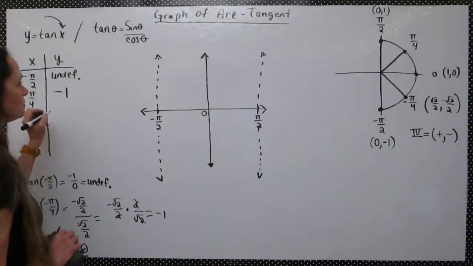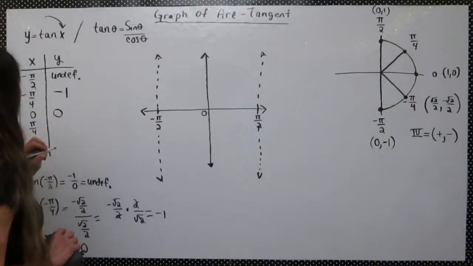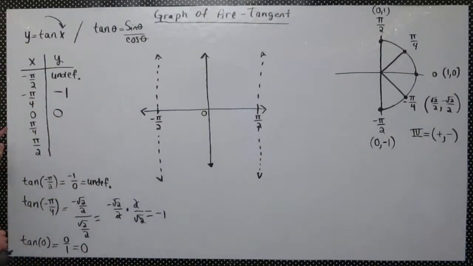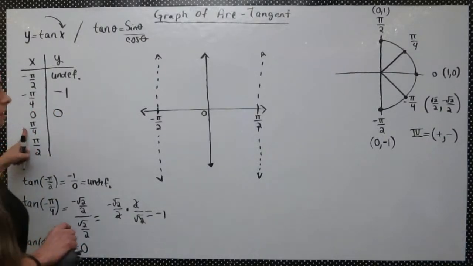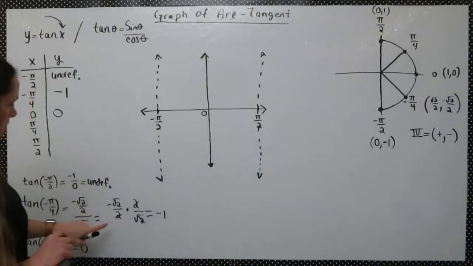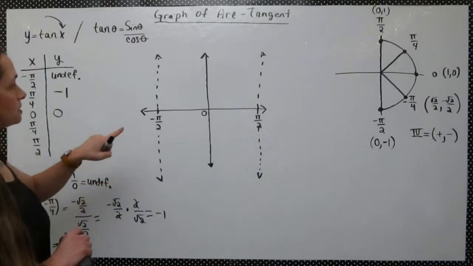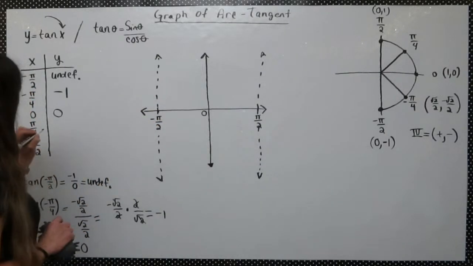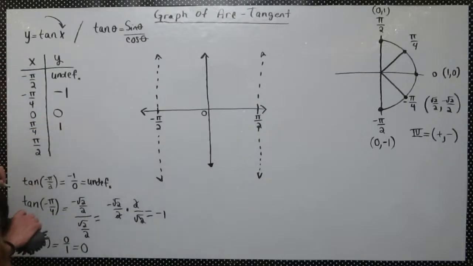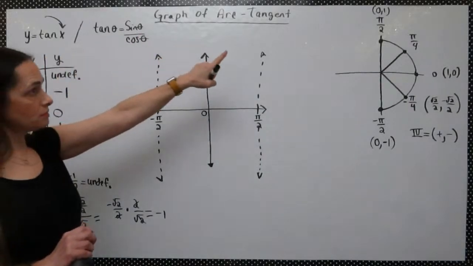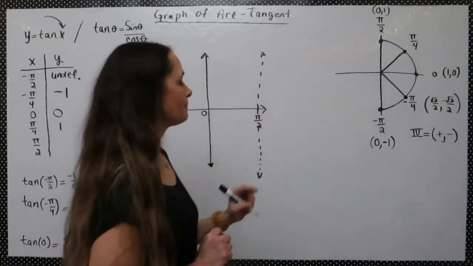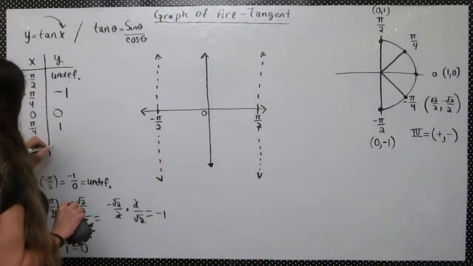Okay, so we have 0, 0 on there. And then pi over 4 is going to be similar to this, only it's not a negative because it's in the first quadrant. And so that's just going to be a positive 1. And then pi over 2 back up here, we're undefined again. Up here. Okay. So let's have this undefined.